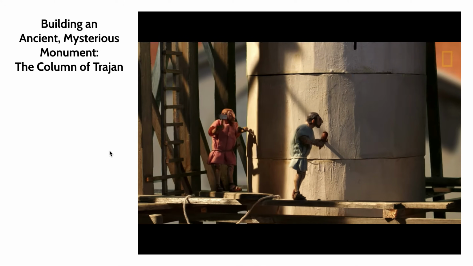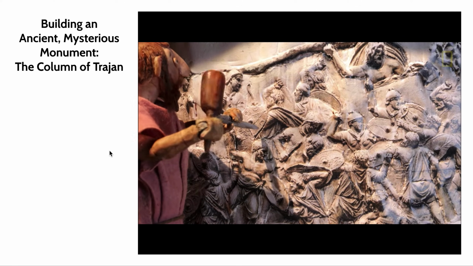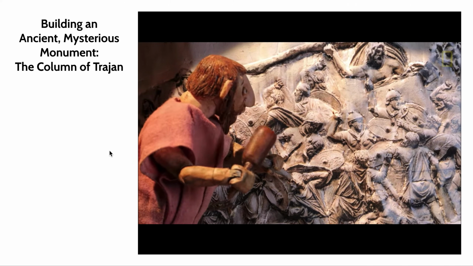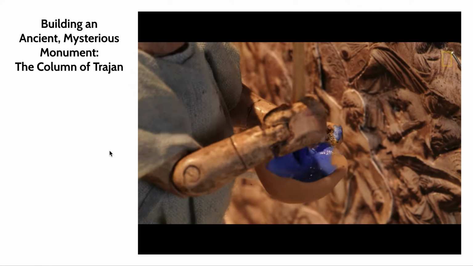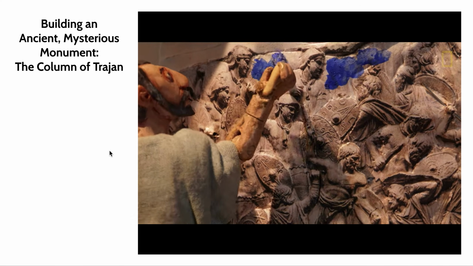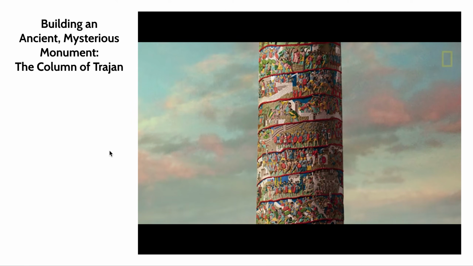Once the drums are set, craftsmen smooth the surface and begin work on a 656-foot-long frieze, which tells the story of Emperor Trajan's war victory. The frieze spirals up the column like a giant comic strip in 155 different scenes, and was probably painted with bright colors. No evidence remains as to what the colors actually were.